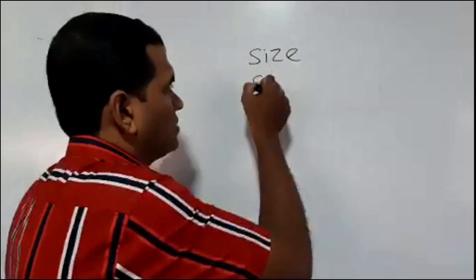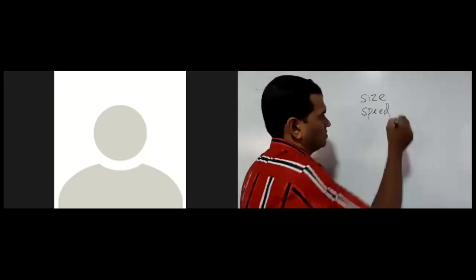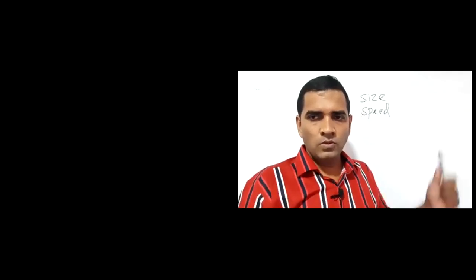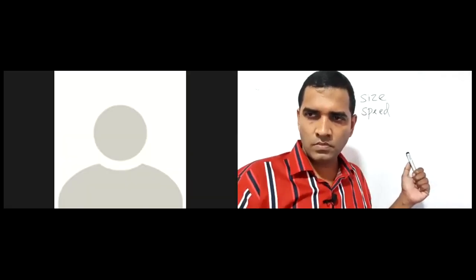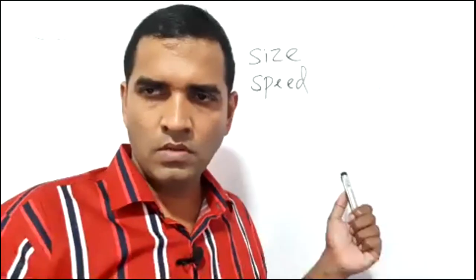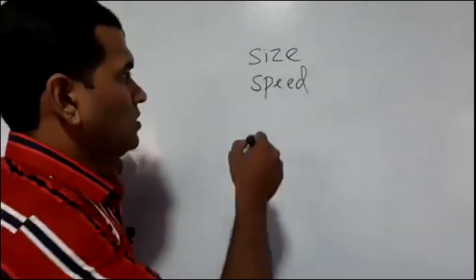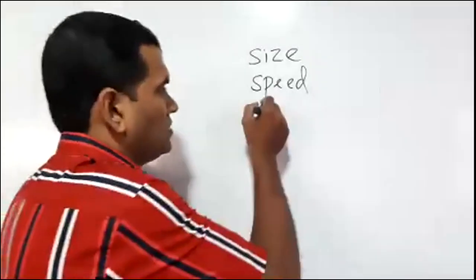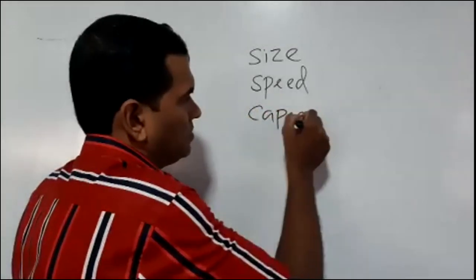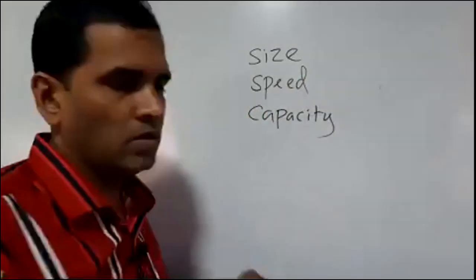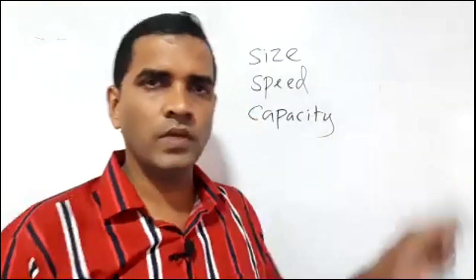Yes, that is also a characteristic. Right, speed is one of the characteristics. And also, you talked about capacity. So capacity, storage capacity. Okay, storage capacity is one of the characteristics.